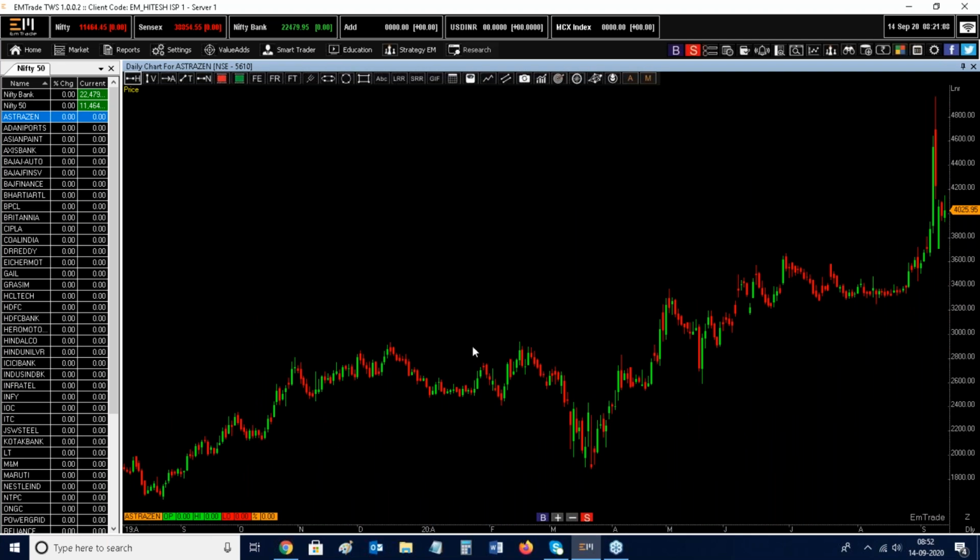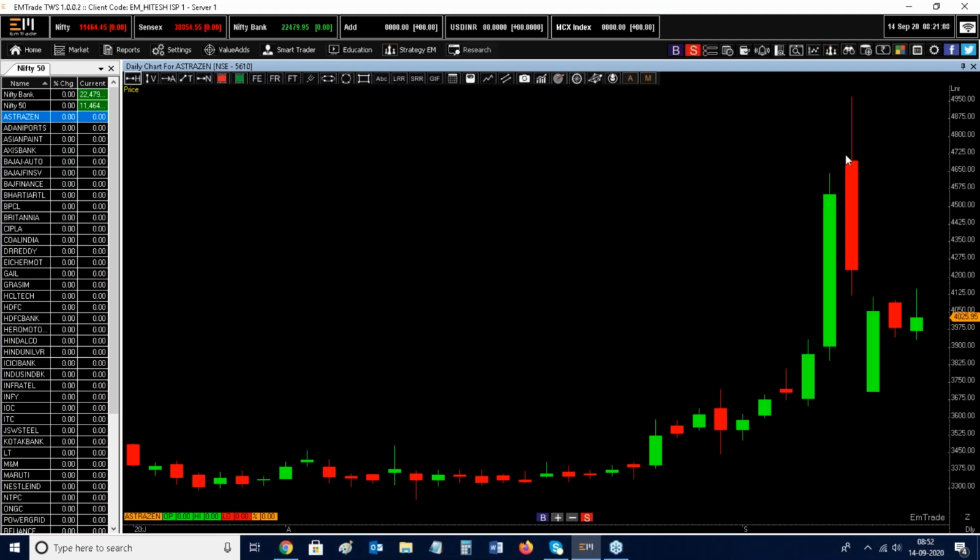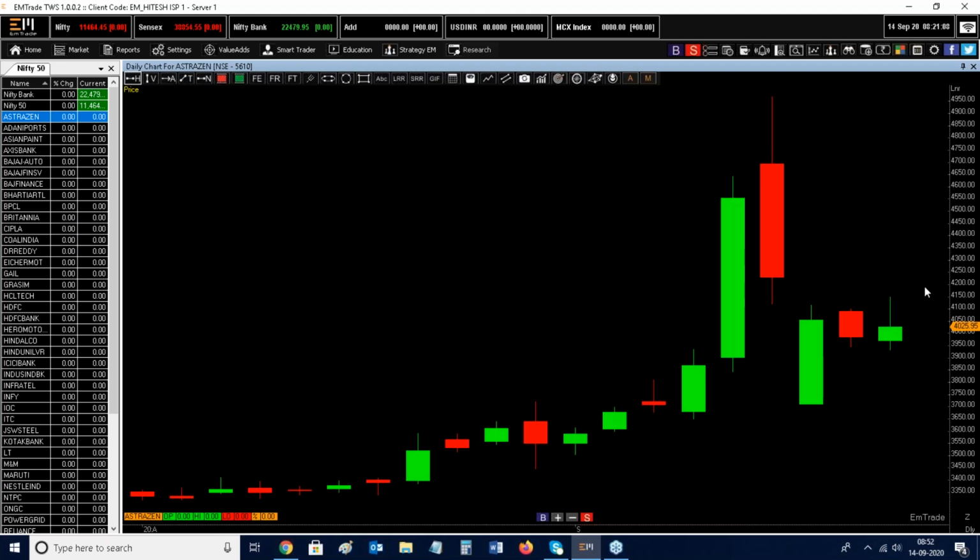It is not a day trading stock, but at times you can day trade it. It hit a circuit over here, opened up along with a strong market that day, and then declined. This decline came when the news came that in the UK they have stopped the test of the COVID vaccine because some complications came in some patients.